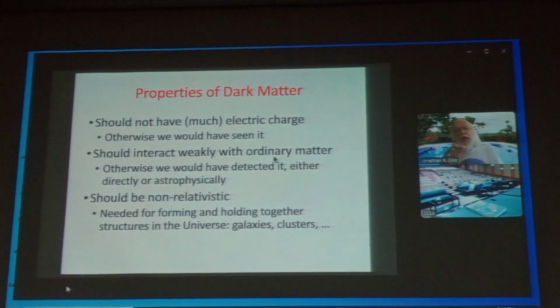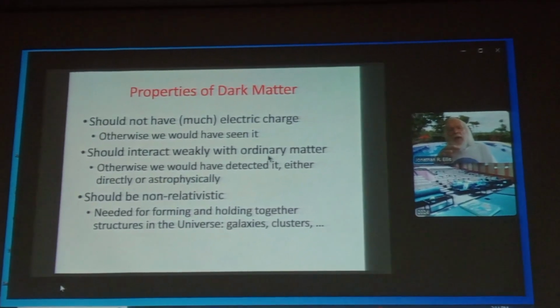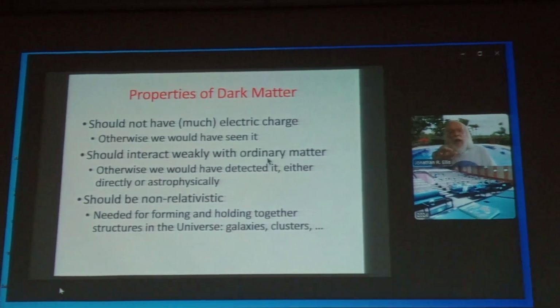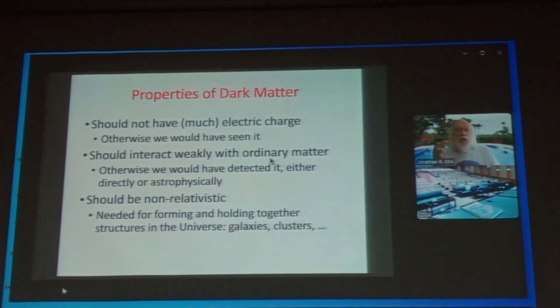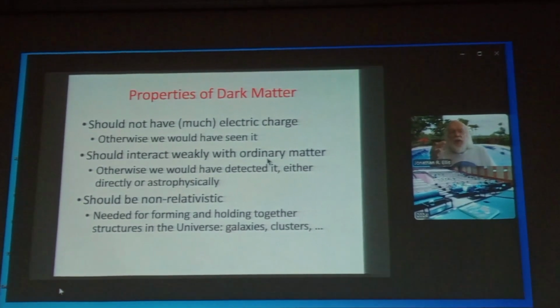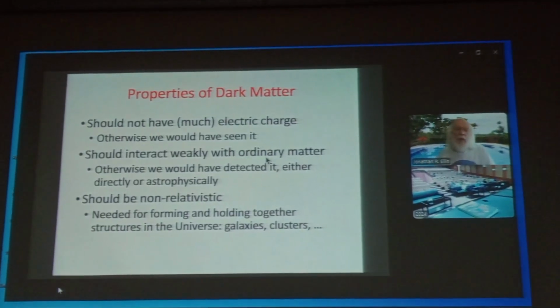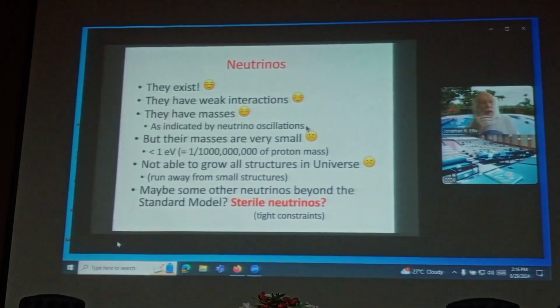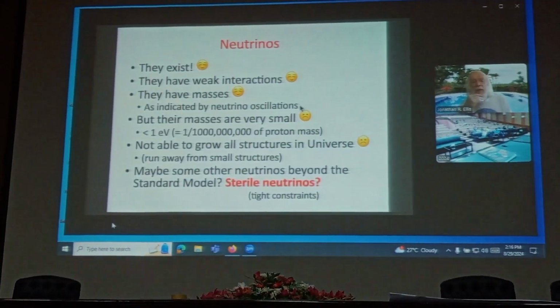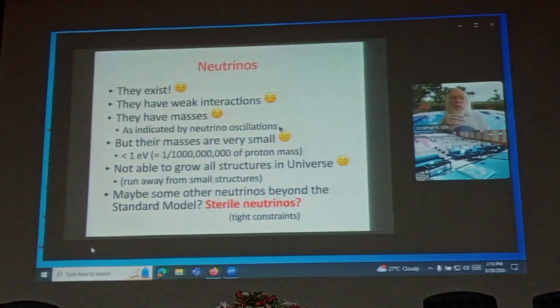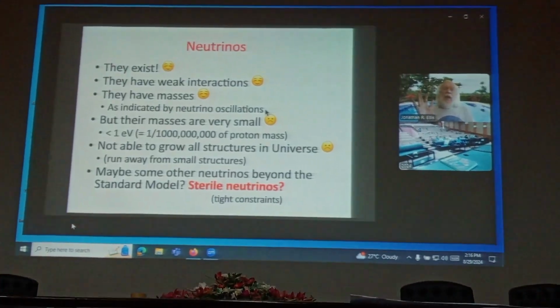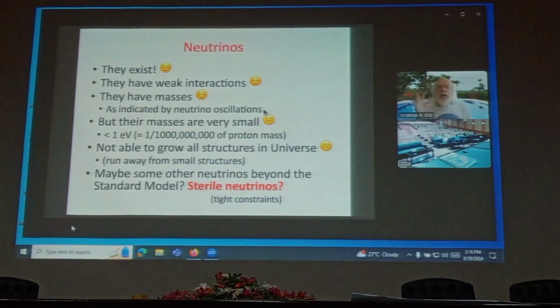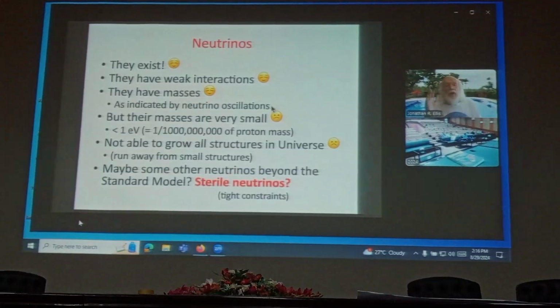So you can avoid that argument by postulating that dark matter particles have, let's say, 1,000th of the charge of the electron. But I don't find that idea particularly appealing, for experimental evidence for some physics beyond the standard model. But you might say, just a moment, in the standard model we have neutrinos. Could they be dark matter?